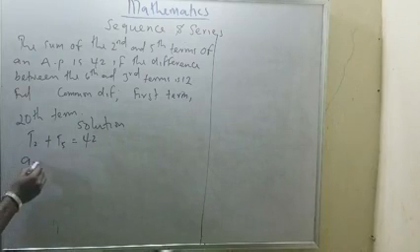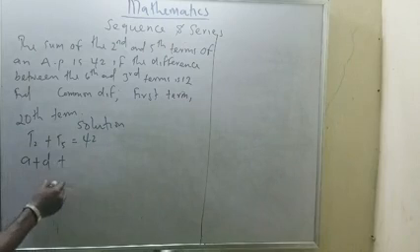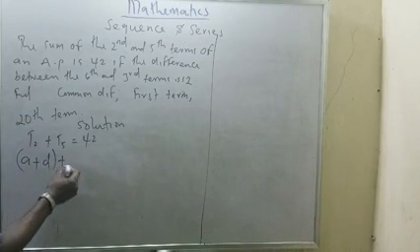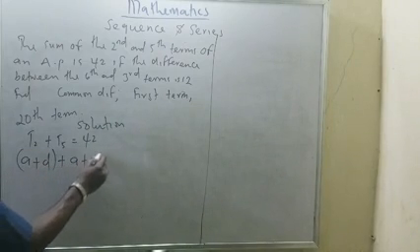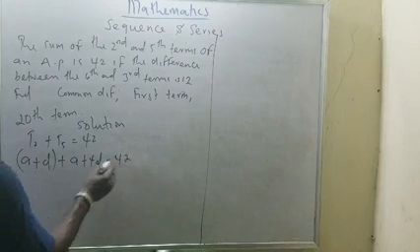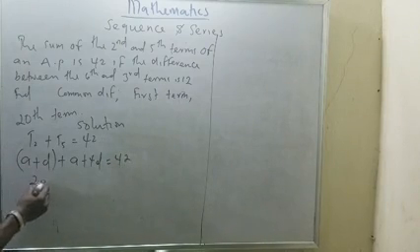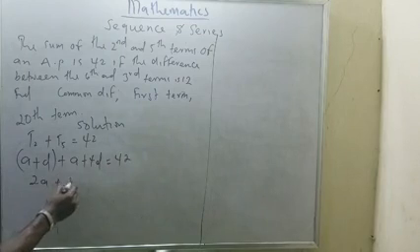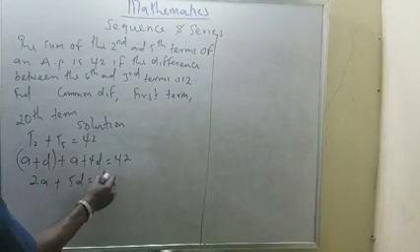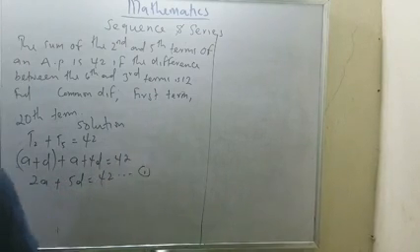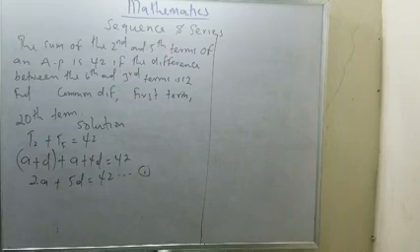My t2 is a plus d, my t5 is a plus 4d, so 2a plus 5d equals 42. Equation 1. That first statement is gone.